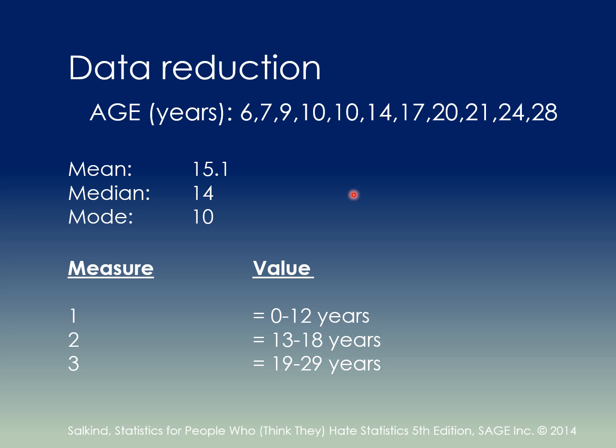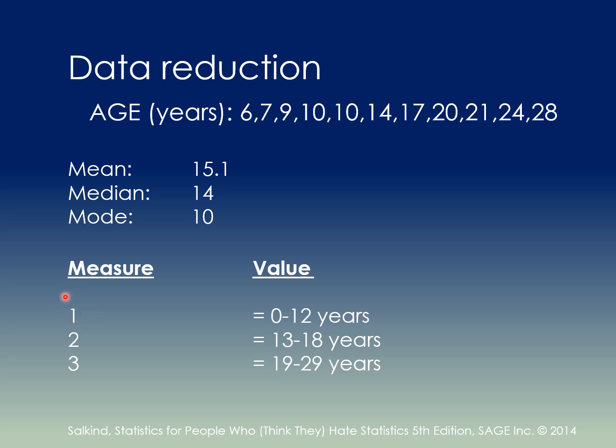What I mean by data reduction and class intervals is I begin to set up a range of years, a continuous variable, and I give it a specific value. I might even qualify this as children. So children are going to be defined as between the ages of 0 and 12, and I'm going to assign that value a 1.